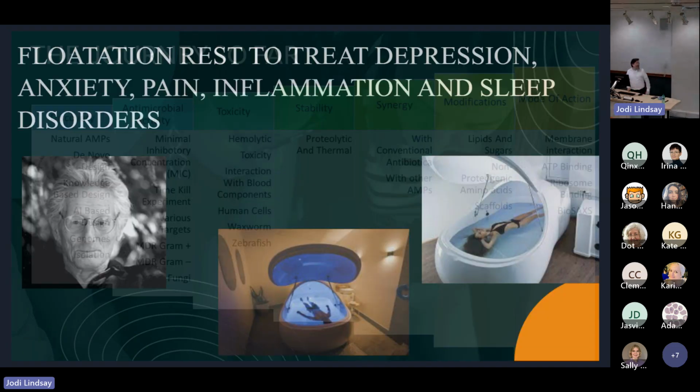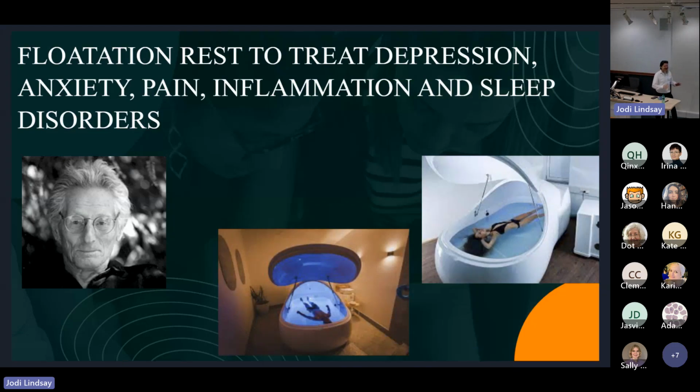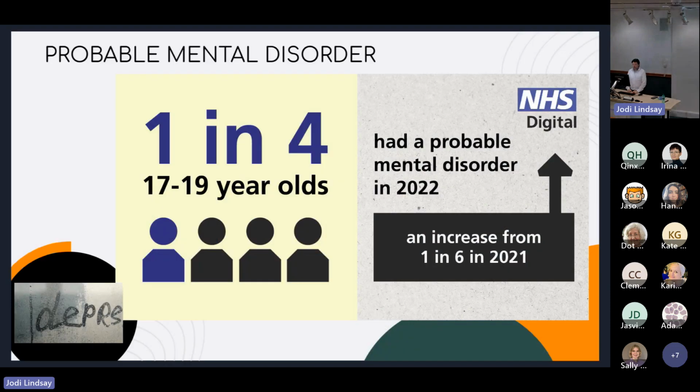So now I make a jump away from peptides. I just want to give you a few impressions on depression, anxiety, and pain, and why that is maybe interesting in general, but also here at St. George's.